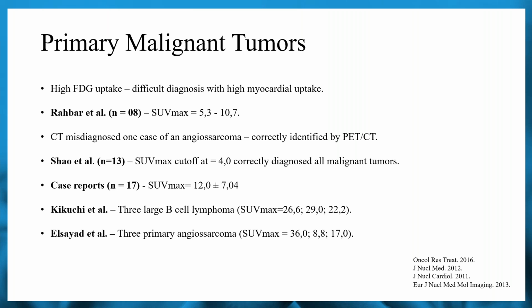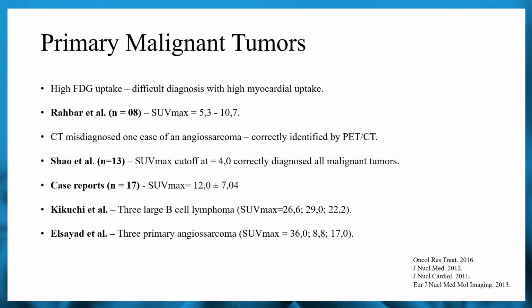Because as I said before, normal myocardial FDG uptake may depend on features such as the glucose level, the insulin, and the fatty acid level, and it's not regular, it's not uniform. So there are times that can make the diagnosis difficult.